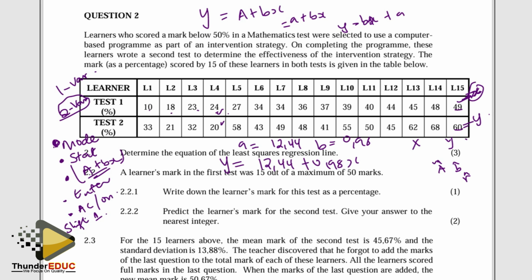Then a learner's mark in the first test was 15 out of 50. Write down the learner's mark as a percentage. When we say 15 out of 50, it simply means that this learner got a 30. Learners who scored below 50, they're telling us that these marks as percentages have been recorded.